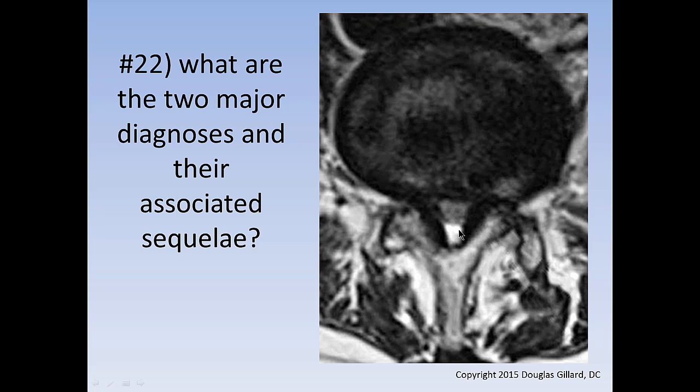What is this thing right here? That is the thecal sac all smashed down. What is this stuff? That's just cerebral spinal fluid? No, it's not. That's just epidural fat. This thecal sac is smashed into nothing. How do the lateral recesses and the intervertebral foramen look?